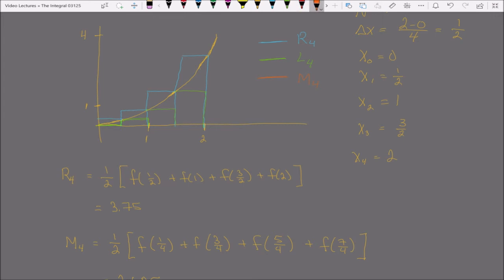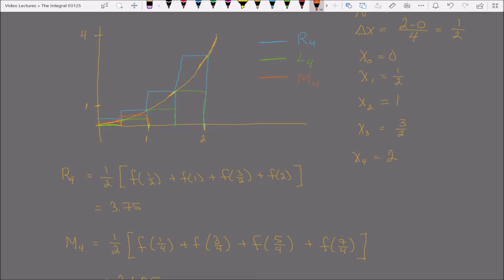The height is based on the midpoint, so the height would be up here, but we would still have that as our rectangle. Here the height would be up here. This is the midpoint, so we go like that, and then like that.